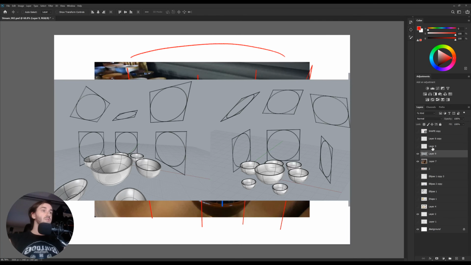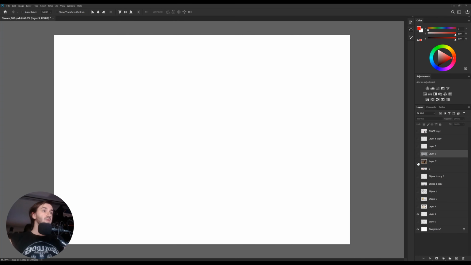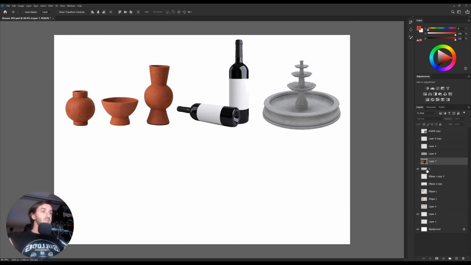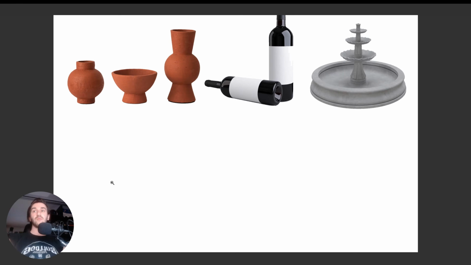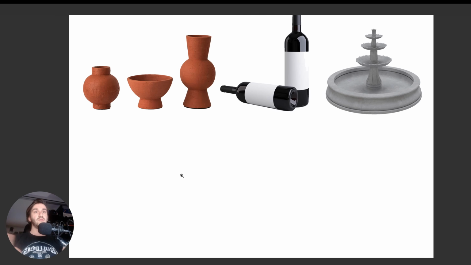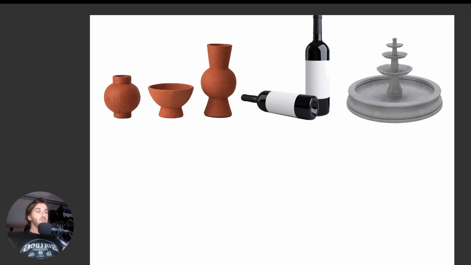So let's go back to Photoshop, and let me show you how to draw this type of things, because it's not as complex as it seems to be. So basically I will hide everything that is around to not get distracted.